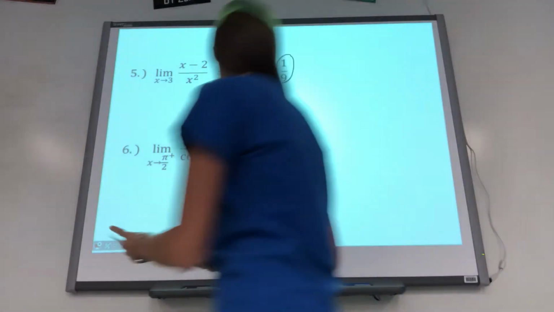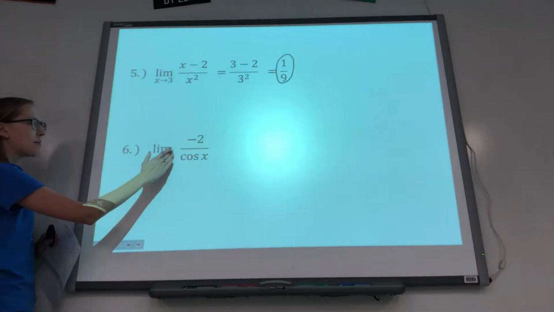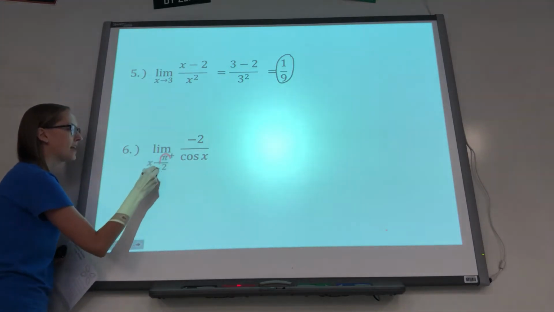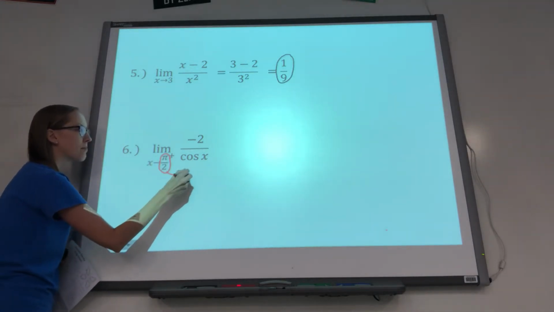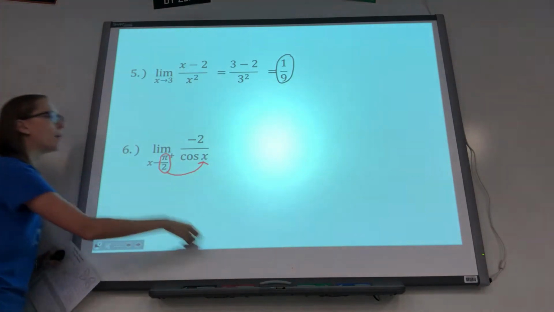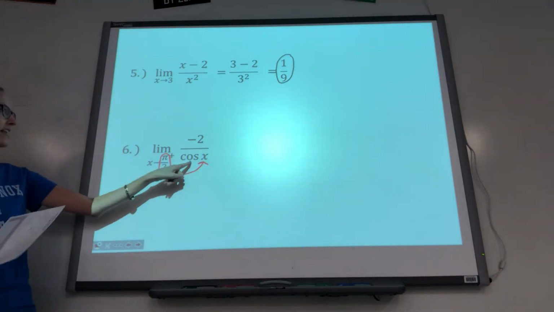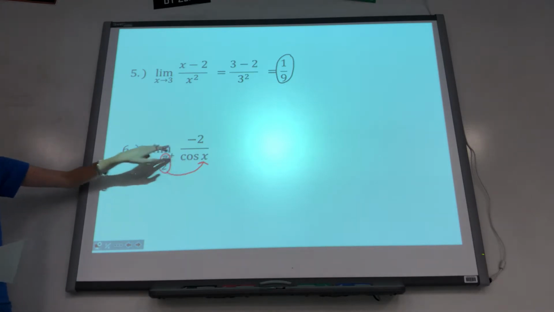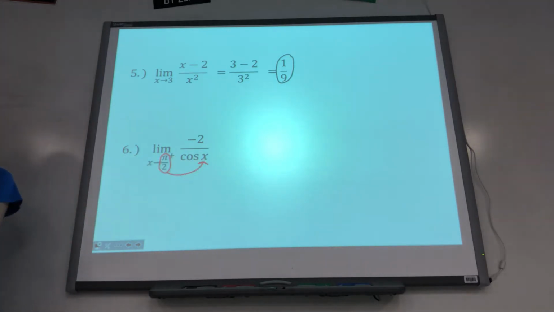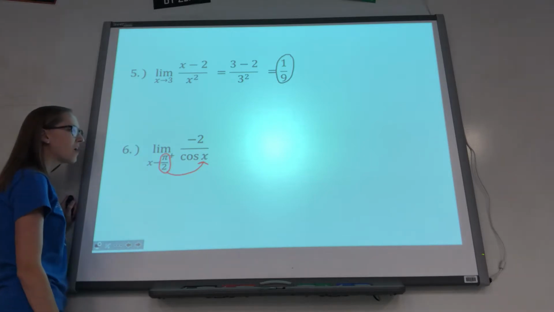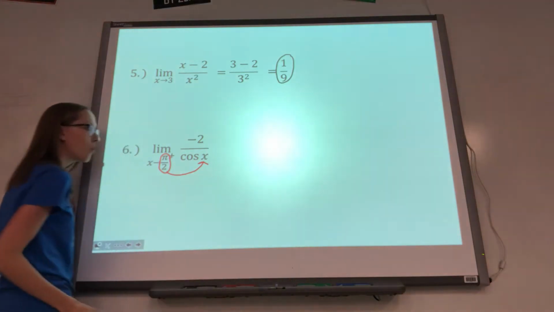I'm thinking about not just coming in from the right, but what would happen if that was approaching pi over 2 from both sides. If I look on handy dandy for cosine of pi over 2, darn it, that is 0. And so you'd have a 0 on the bottom, and that's not going to work.